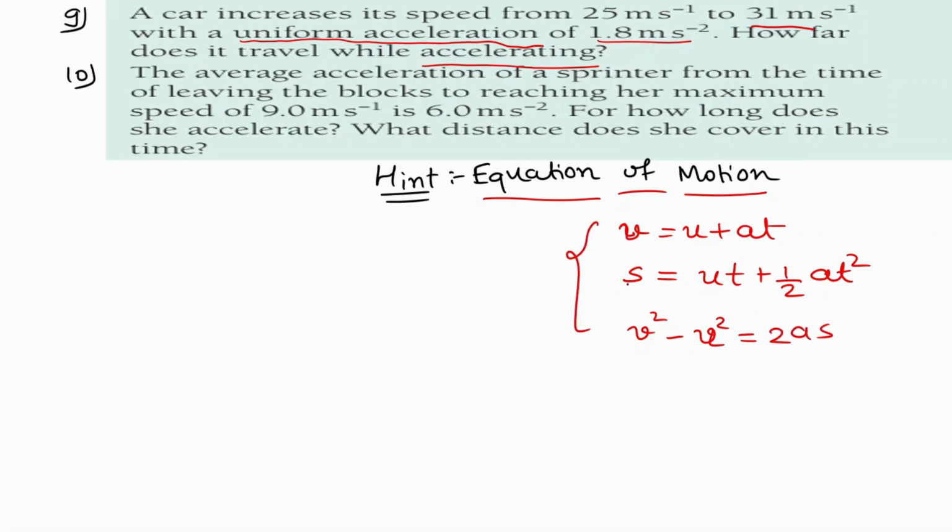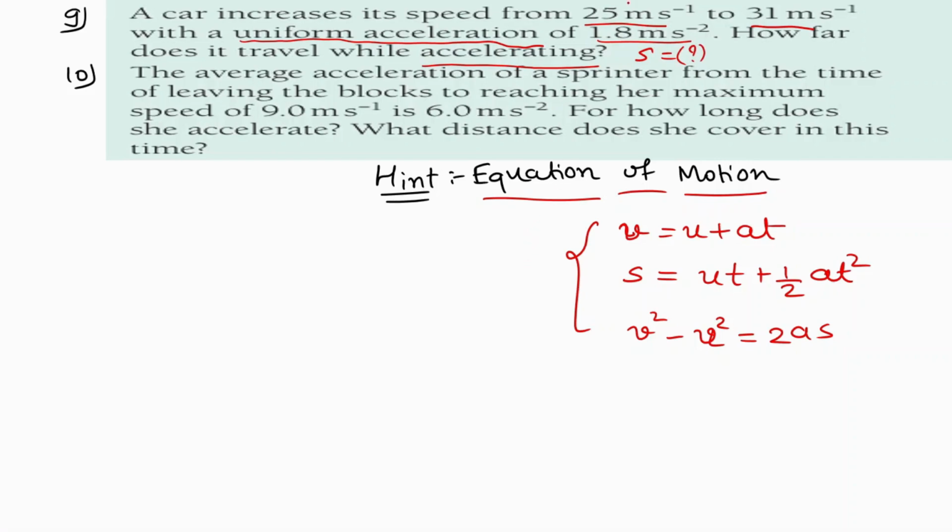If you remember these three equations, you can easily solve this kind of question. Okay. So in the question, they give the initial speed, final speed, and also the acceleration. So how far does it travel while accelerating? We need to find s.